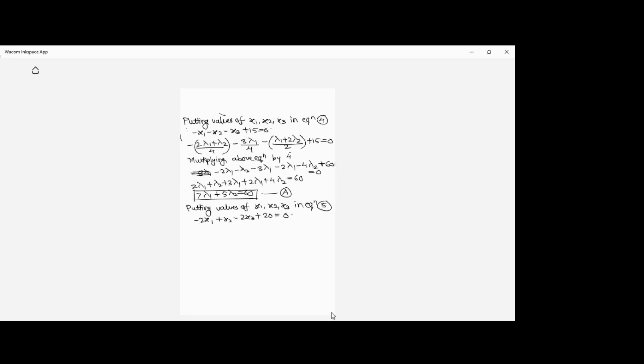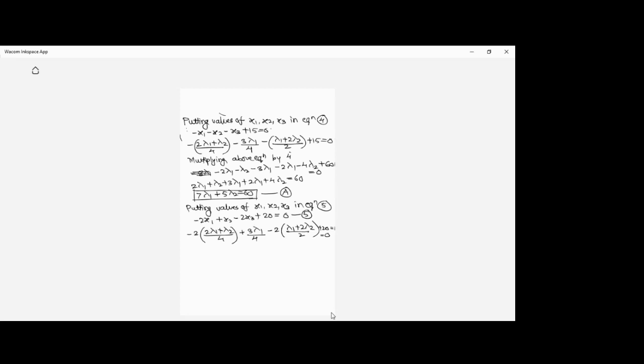So this was our equation number 5. So in this, if we put minus 2 into (2 lambda 1 plus lambda 2) upon 4, plus x2, which is 3 lambda 1 upon 4, minus 2 into (lambda 1 plus 2 lambda 2) upon 2, plus 20 is equal to 0, right?